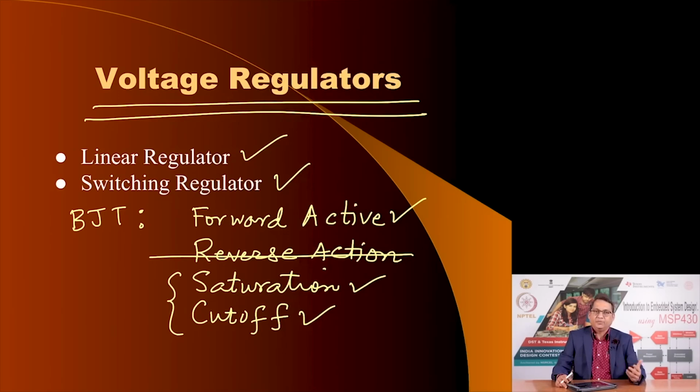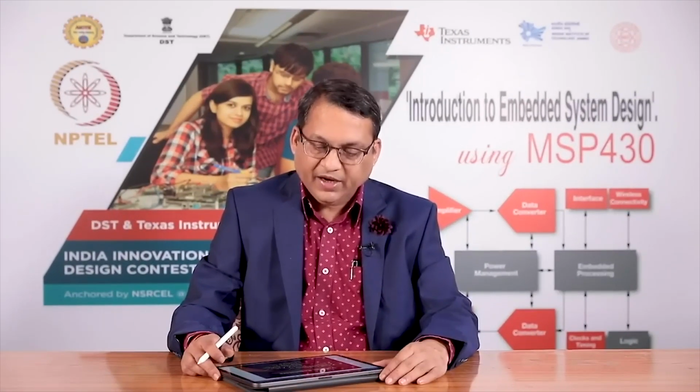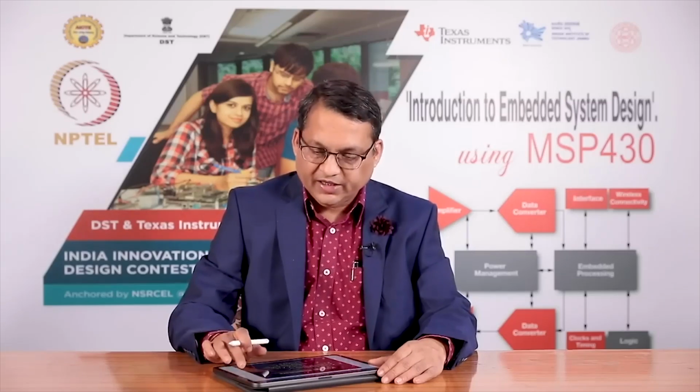And when you build a power supply regulator using a transistor which operates primarily in the saturation and cutoff regions, such regulators are termed switching regulators. Each one has an advantage over the other, and we will consider the advantages and disadvantages of both these types of regulators.